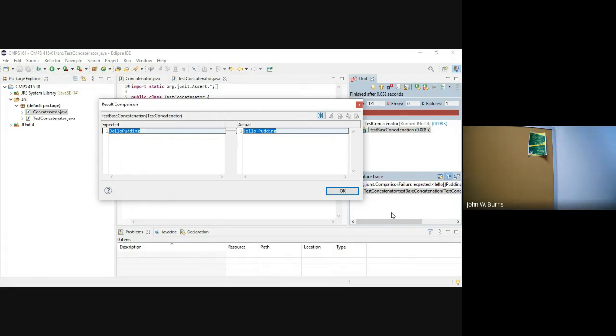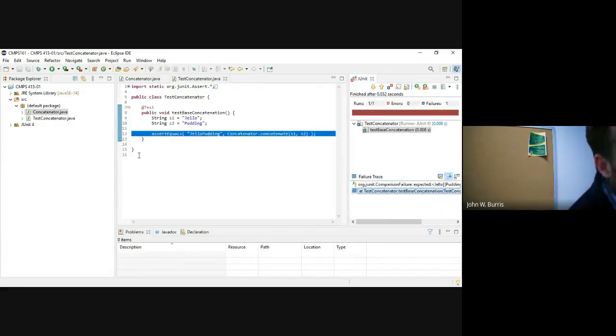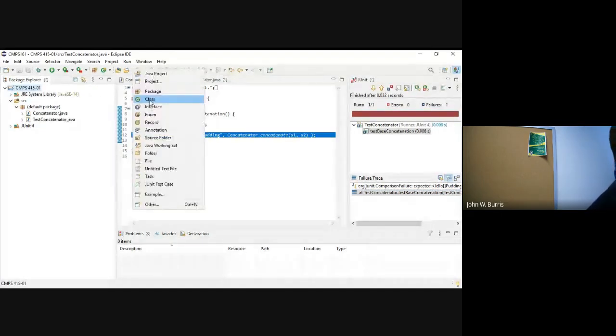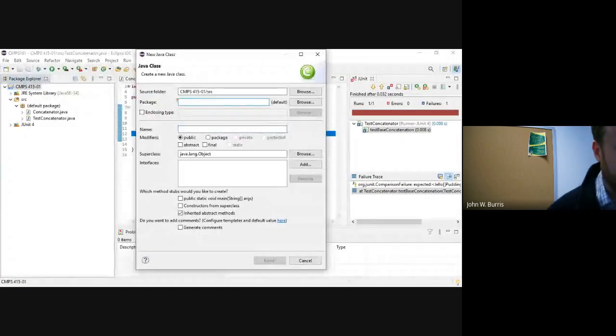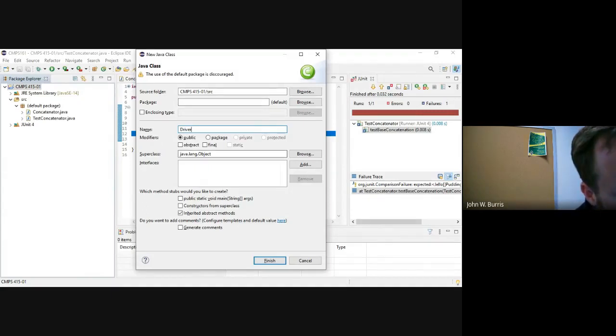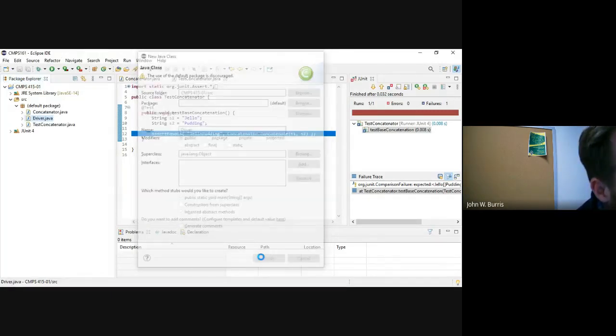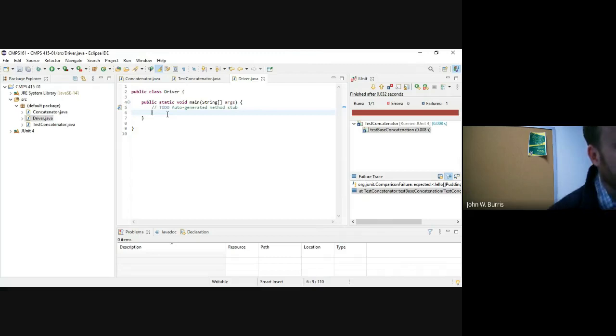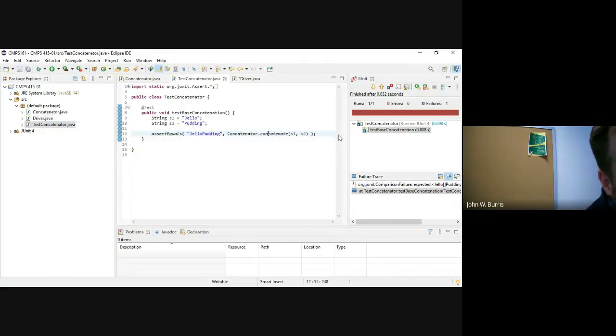Now, you might be asking, why is this important? Let me do another class here. This class is going to be called driver. It's going to have a main method, and inside main, I'm going to have the same stuff that test concatenator did.